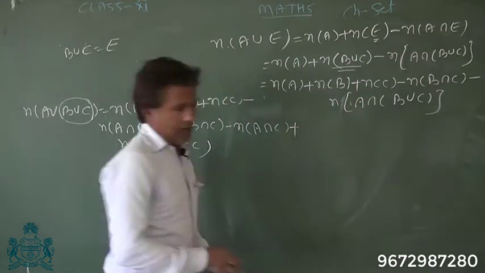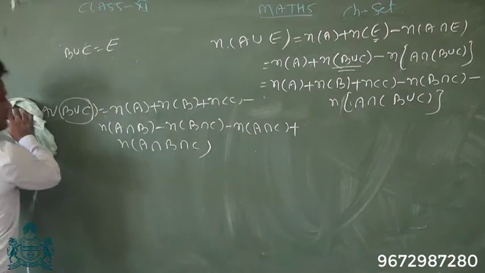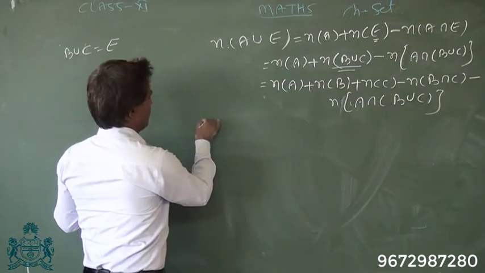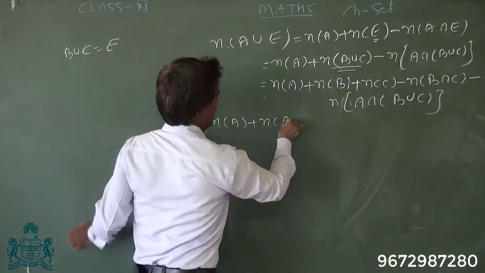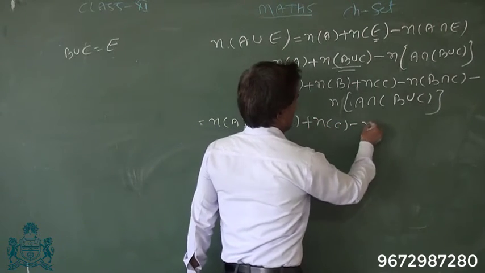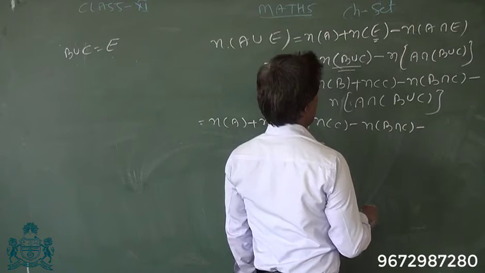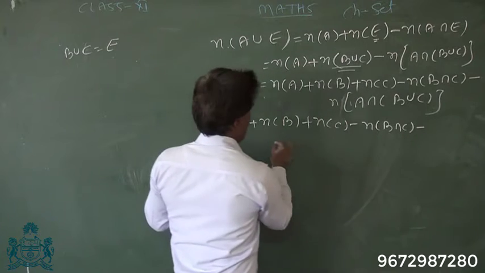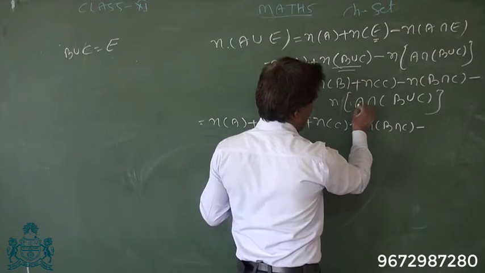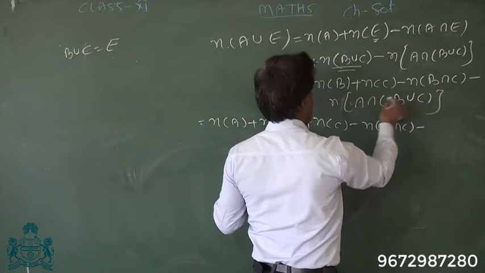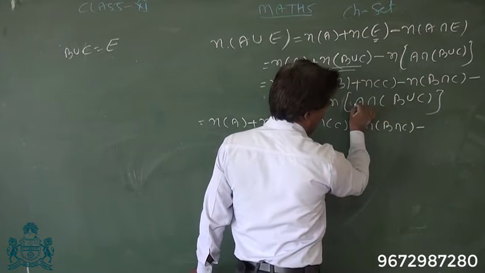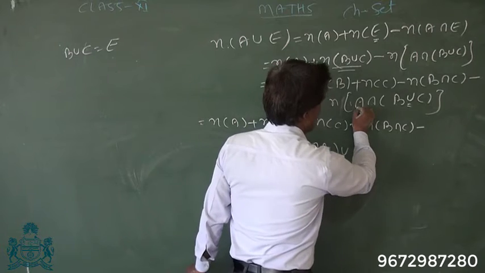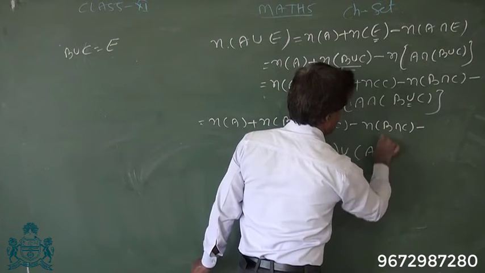Then it equals n(A) plus n(B) plus n(C) minus n(B intersection C) minus, now applying the distributive law, A intersection (B union C), which equals (A intersection B) union (A intersection C).